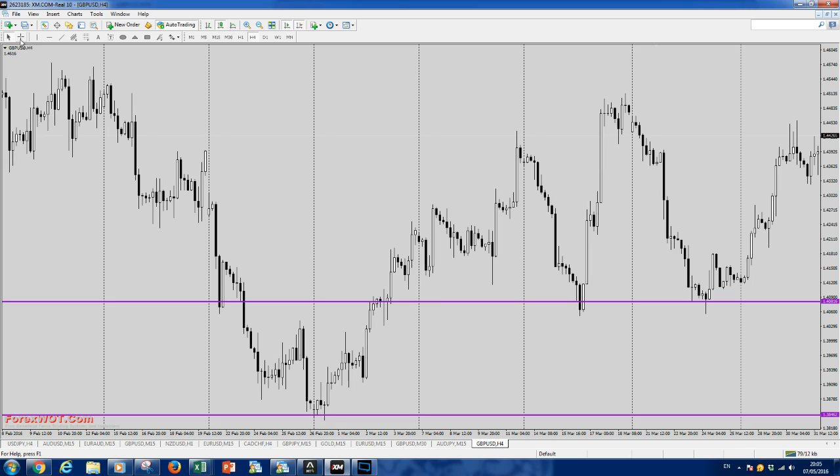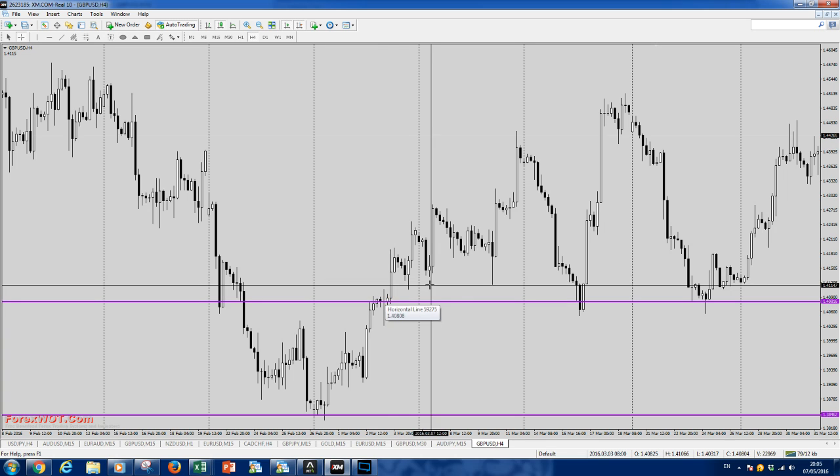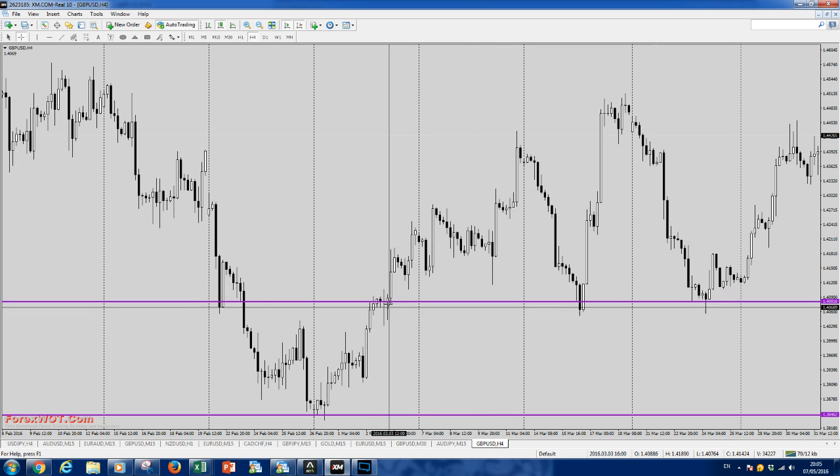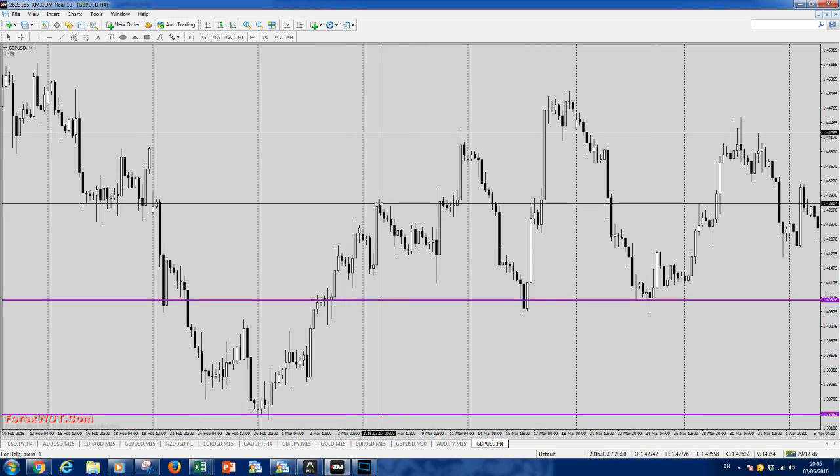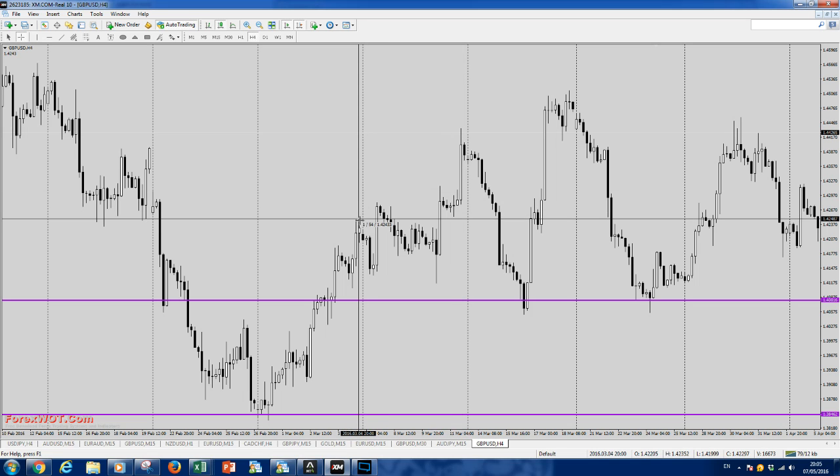Here you would have been stopped out. Before, it was a support that went to a resistance, and now it's going to be a support again. So price is going up again, and you're looking for big rejections. I'm usually looking for about 100 pips.